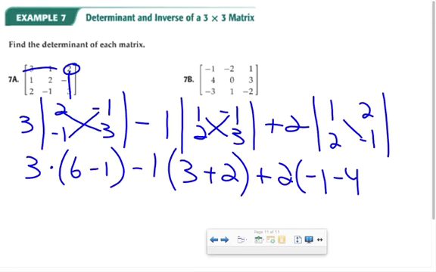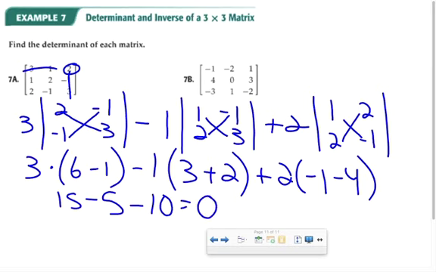See the -1 and then minus, see the 4. All right, so 3 times 5 is 15, minus 5, minus 2 times -5 is minus 10. So the determinant here is 0. Which means its inverse, if I had asked, doesn't exist.